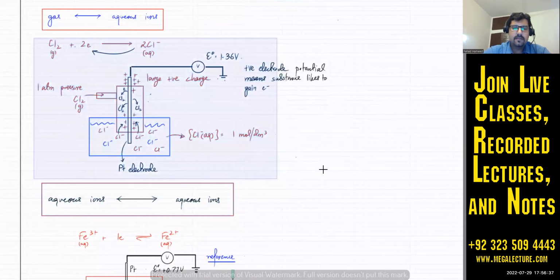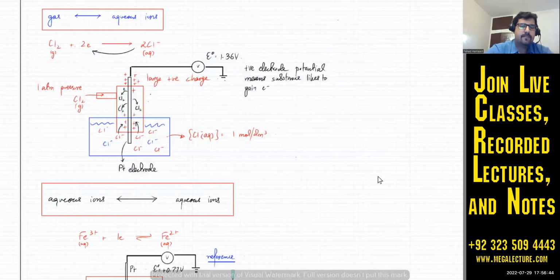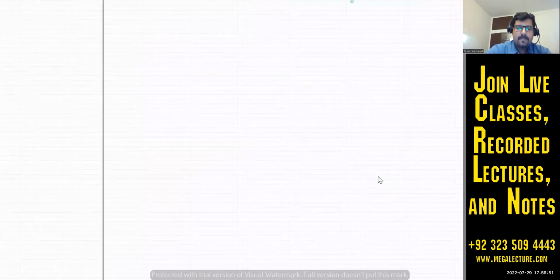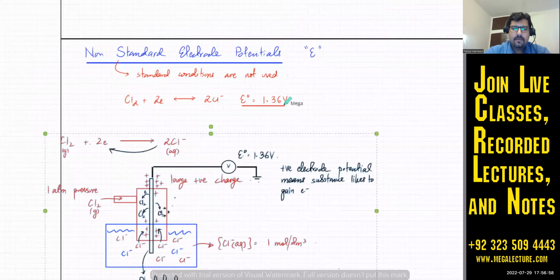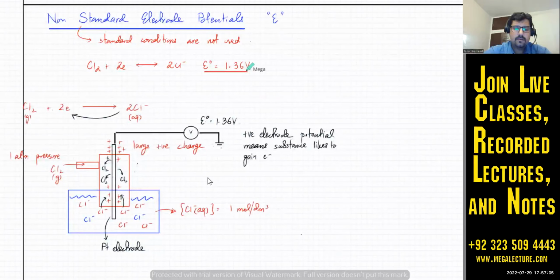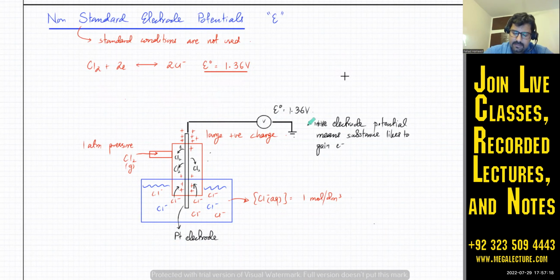So copy कर लेते हैं. ठीक है. अच्छा, this one over here, this is the Cl electrode, and let's imagine at the moment this is Cl2, it's no longer under standard conditions.